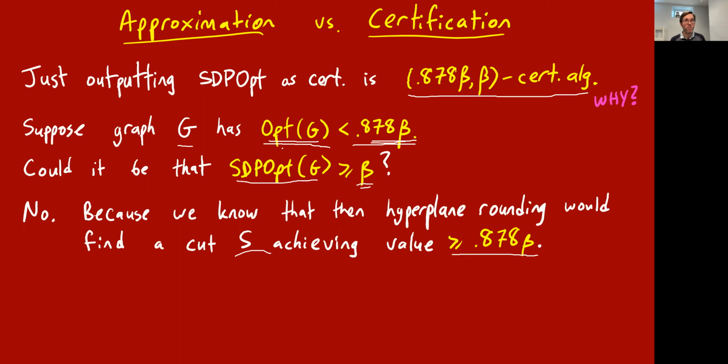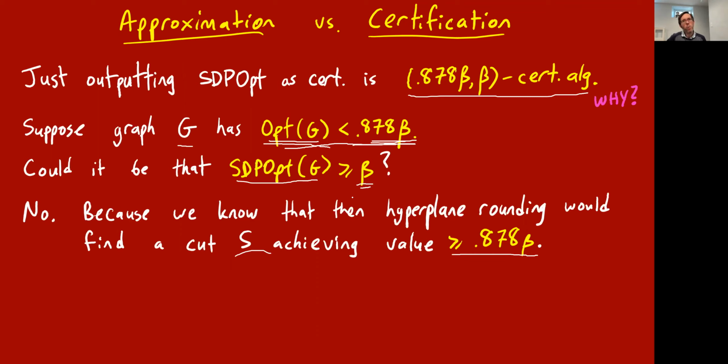But that's impossible because we're assuming the graph's max cut is less than 0.878 beta. Okay, so therefore, the existence of this hyperplane rounding and its guarantees tell you that when the opt is less than 0.878 beta, the SDP opt will be at most beta. So just outputting the SDP opt is a 0.878 beta comma beta certification algorithm.